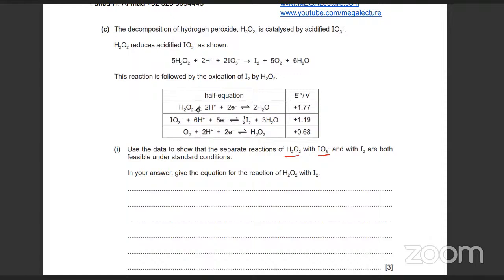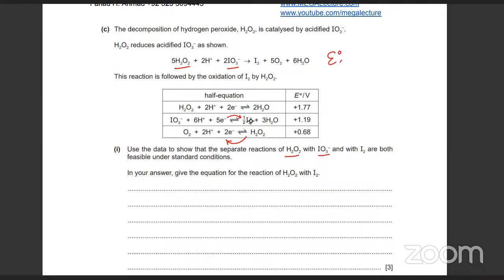We're going to do this equation first, H2O2 with IO3-1. So H2O2 is turning into O2. The lower potential loses electrons, turns into O2. And IO3-1 over here turns into I2. So that gains electrons.